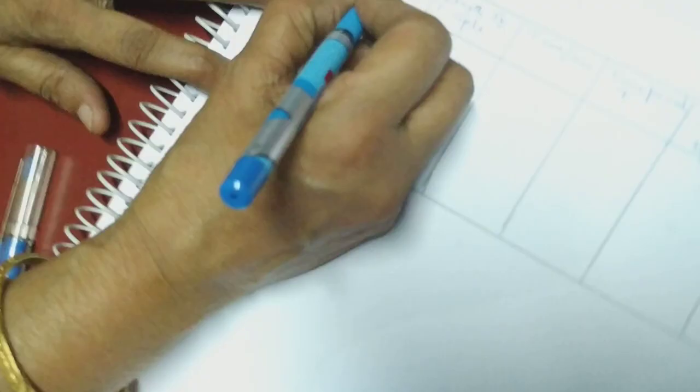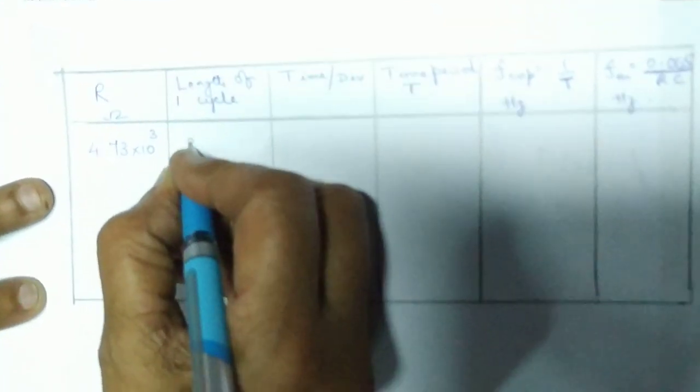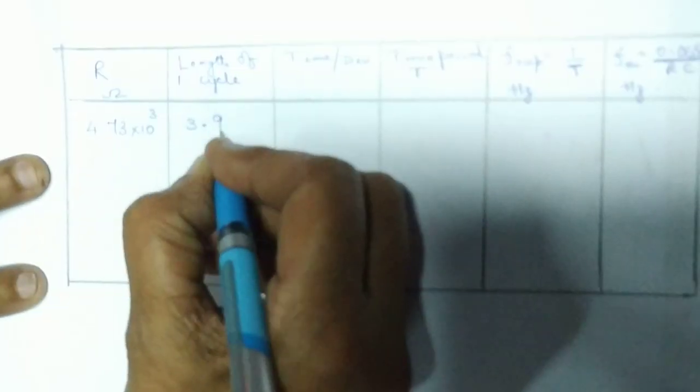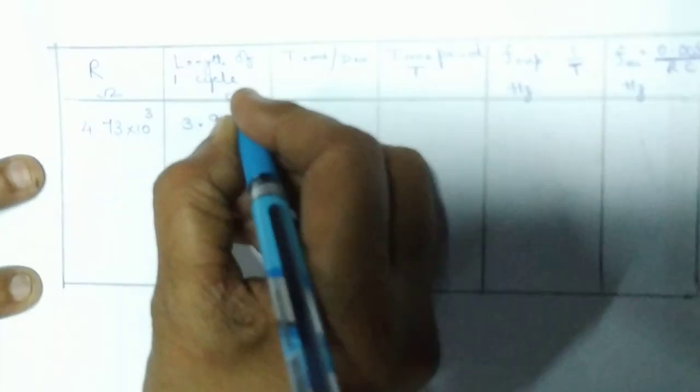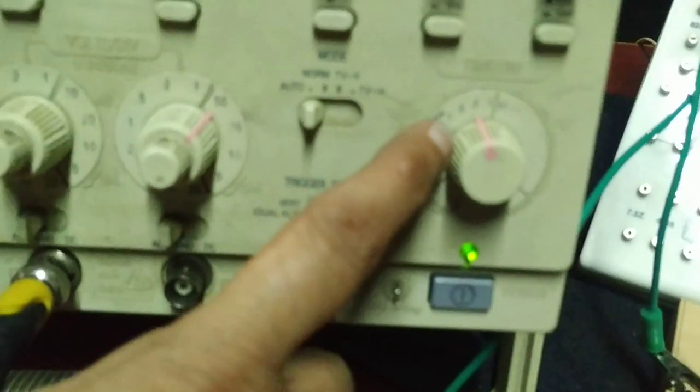Now, coming to the entry in the tabular column, as I told you earlier, R in ohms, so it is 4.73 into 10 to the power of 3 ohms. Length of one cycle is 3.9. This is centimeters. Now, time per division, you have to see here time per division.